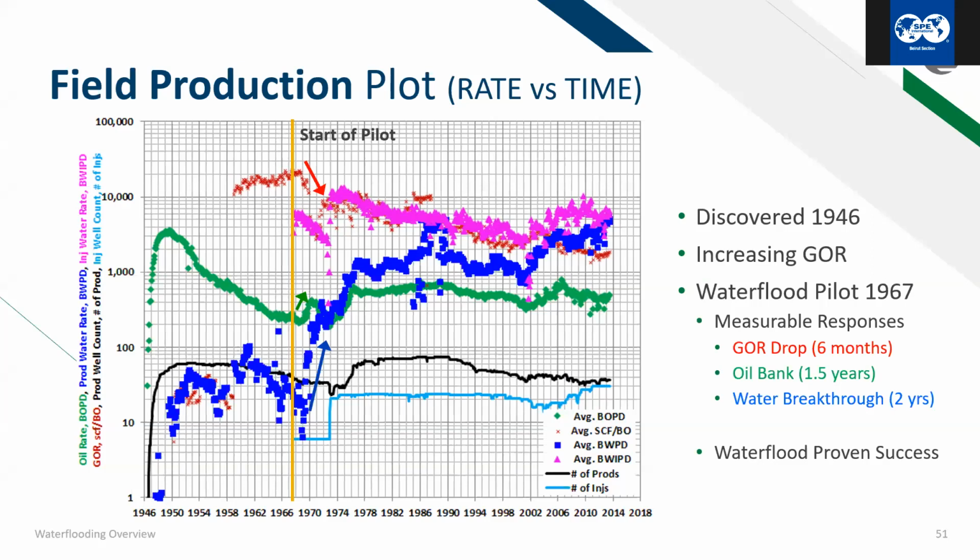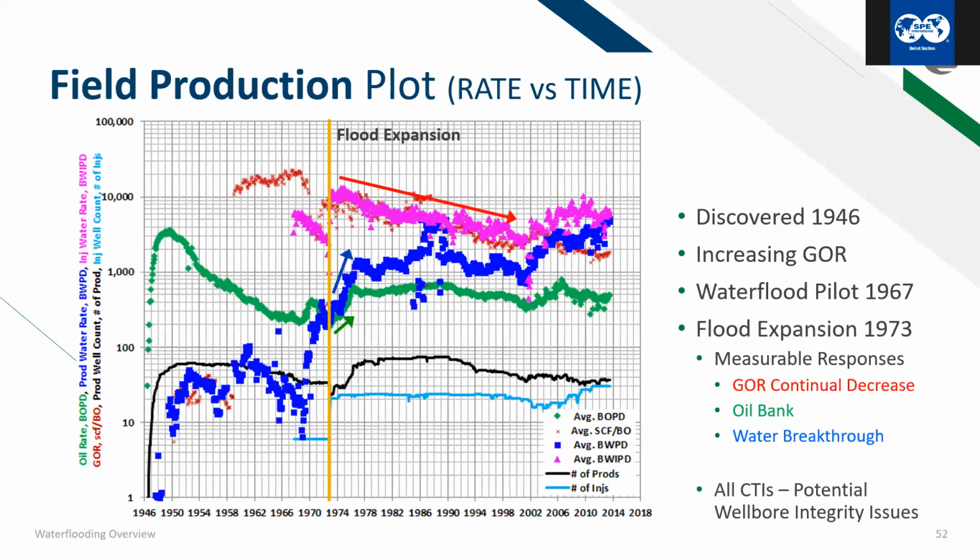And then following that, about a year later, they got an oil bump. And shortly after your oil bank, they got water breakthrough. So this is a proven water flood success. And it's not surprising that just a few years later, they did a flood expansion and continued to see the same kind of measurable success that they saw before.